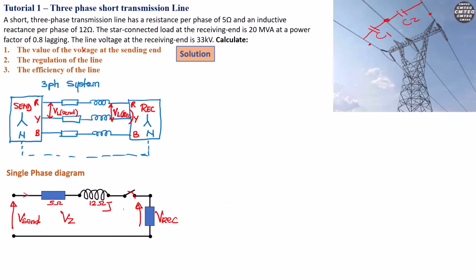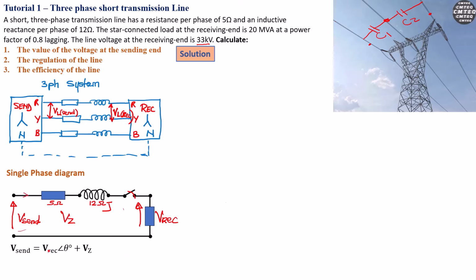Now, the question here is to find the voltage at the sending end, but we are only given the voltage at the receiving end, which is also given as a line-to-line parameter. But we're working with phase parameters, so we need to find the phase voltage at the receiving end. The formula to find the voltage at the sending end is basically the voltage at the receiving end plus the voltage drop across the line.